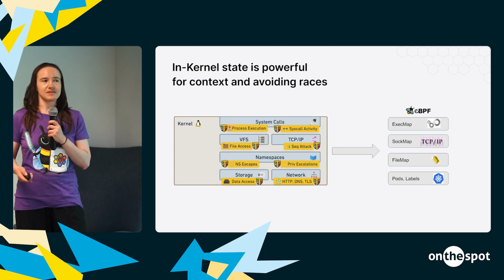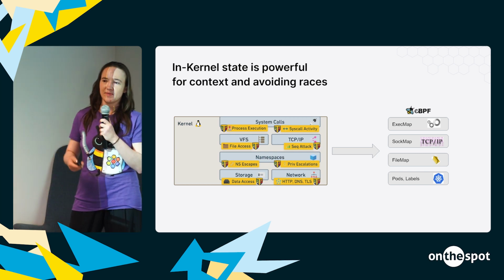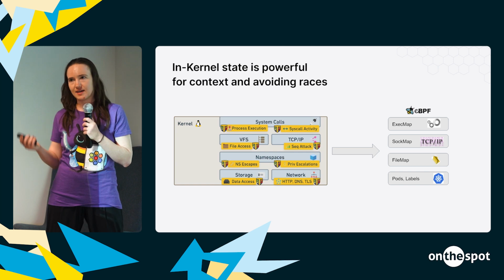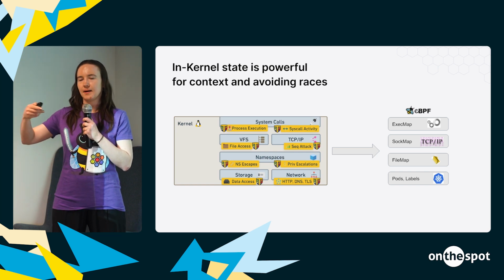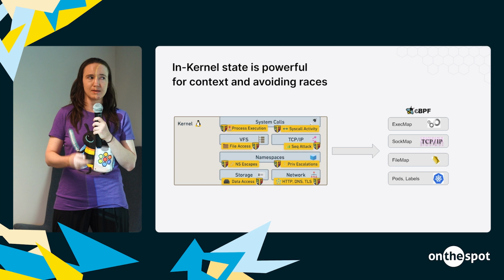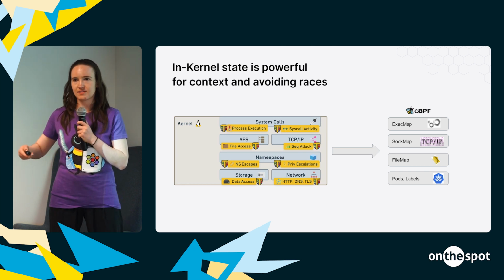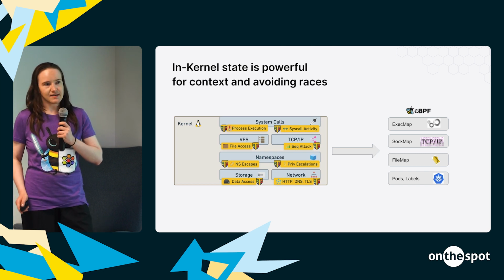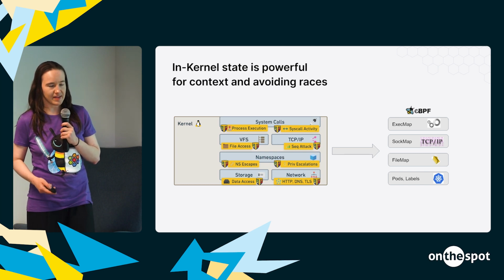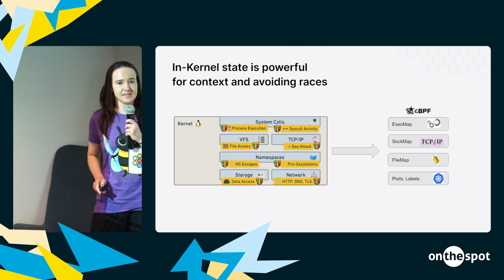So we have a few kinds of BPF maps. All of them are essentially some kind of key-value store in kernel memory. There are many different kinds of BPF maps in general. In BPF, we are using them for a few main things.